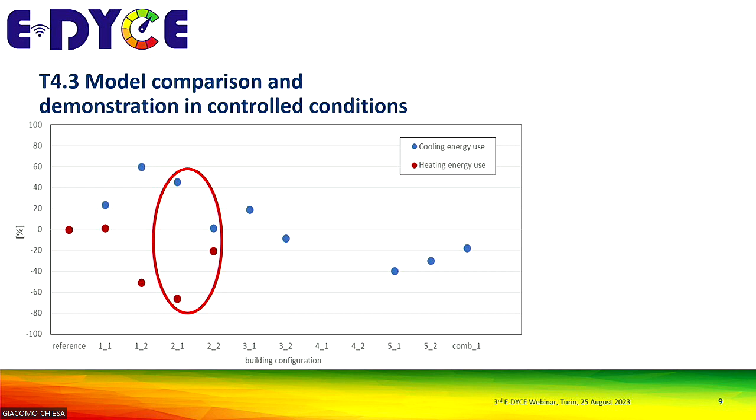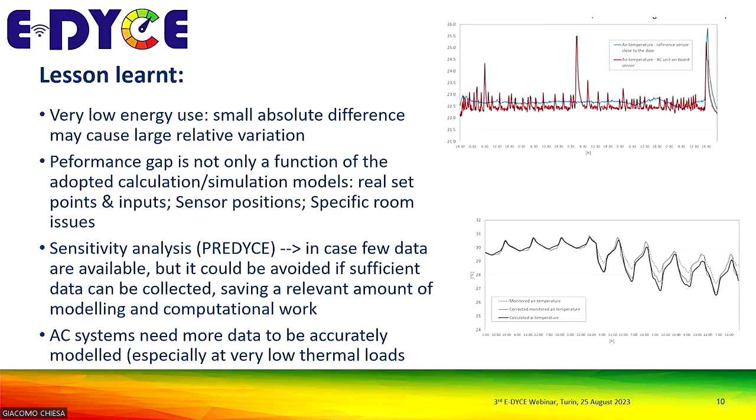In general, the discrepancies were quite high for several cases, let's say 30, 40, or even more. And this finds an explanation when we go to the final analysis of our exercise, because we registered in our study very low final energy consumption.